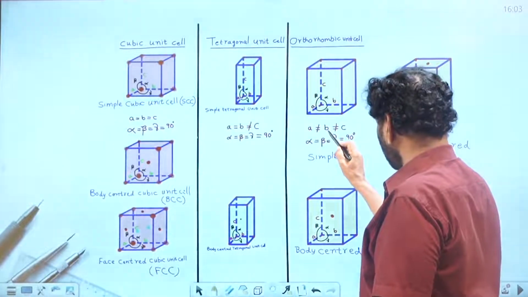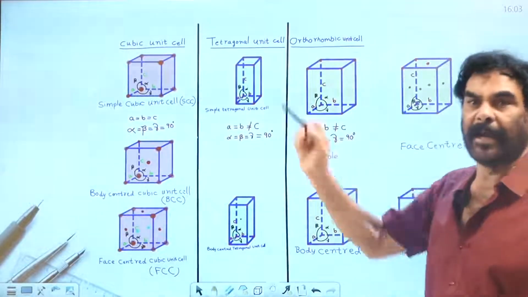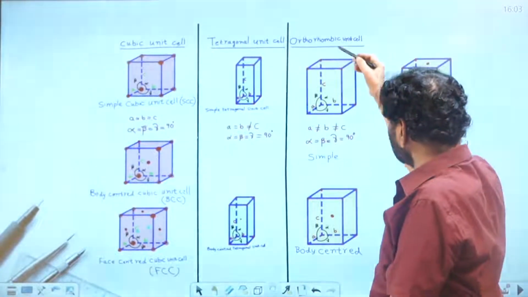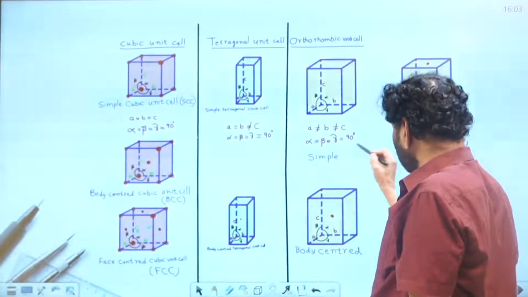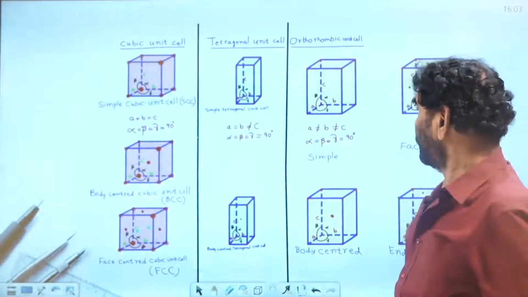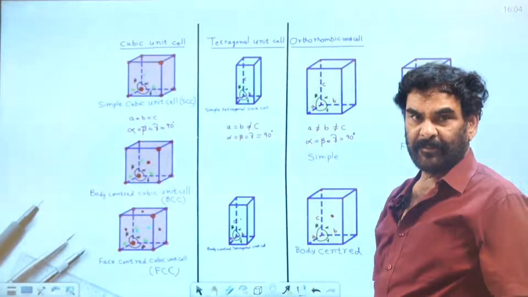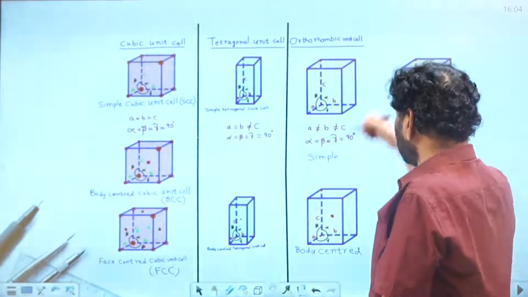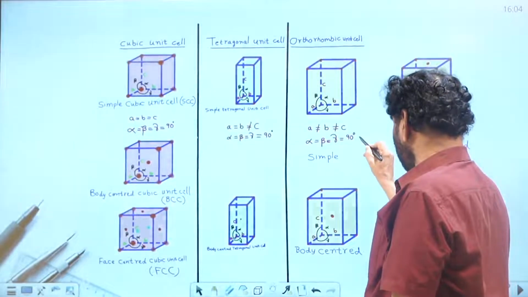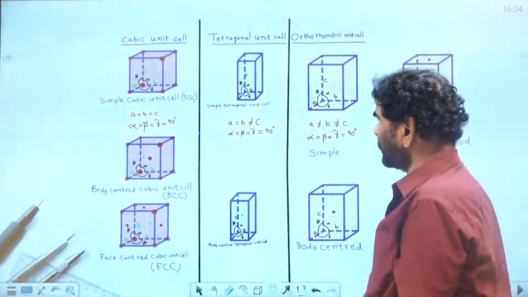A is not equal to B, B is not equal to C. The length, breadth and height, three parameters, are different. But the angles must be 90 degrees. The interfacial angles must be 90 degrees, so the three axes are perpendicular to each other. Therefore, alpha is equal to beta is equal to gamma, that is 90 degrees. This is the orthorhombic system.